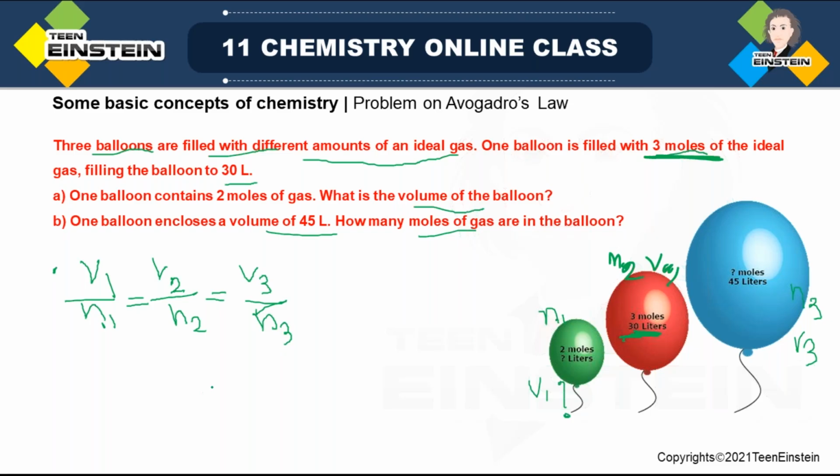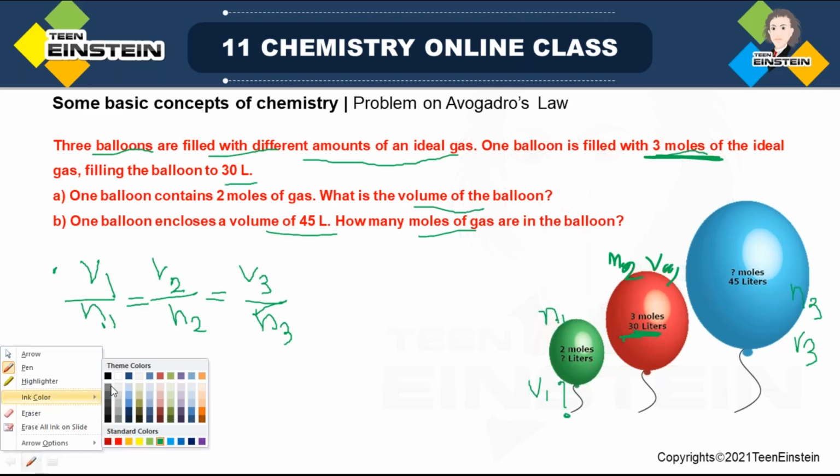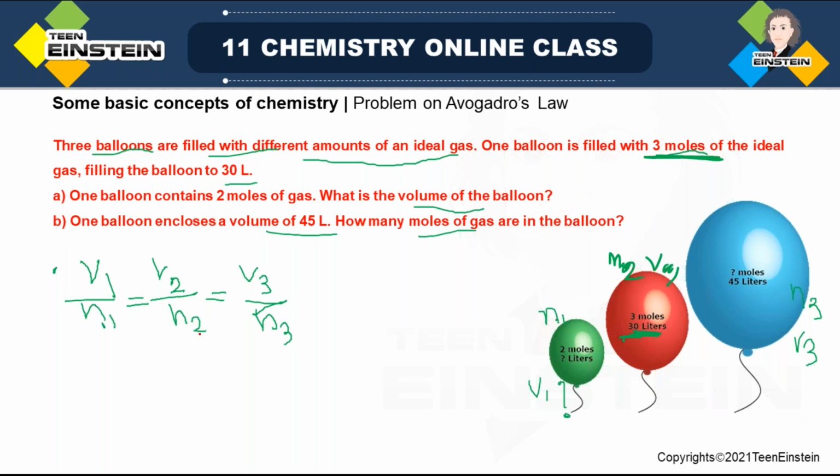So here only the middle one, that value is known. V2 by N2 is 30 divided by 3, which is basically 10.